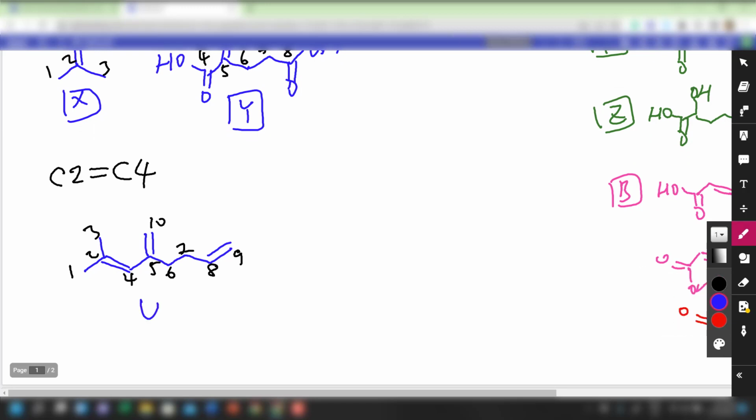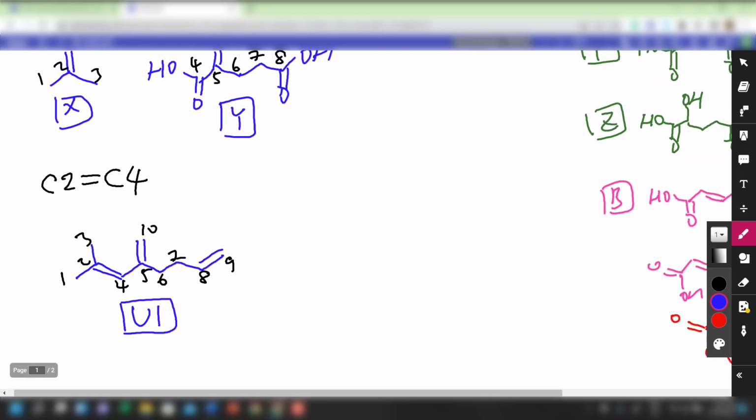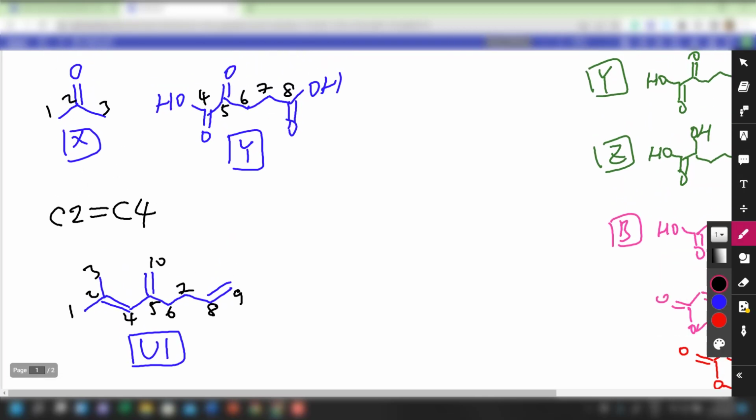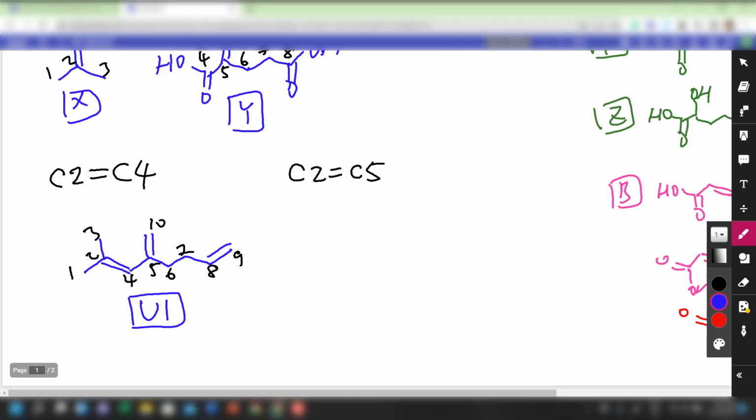Okay, so this is a potential structure for U. I just call it U1, because it need not be the actual structure. And then alternatively, I can have C2 with C5. Okay, so if it's C2 with C5, then I'll have a double bond right at the end, and then like this, and then 6, 7, 8, 9 like this.